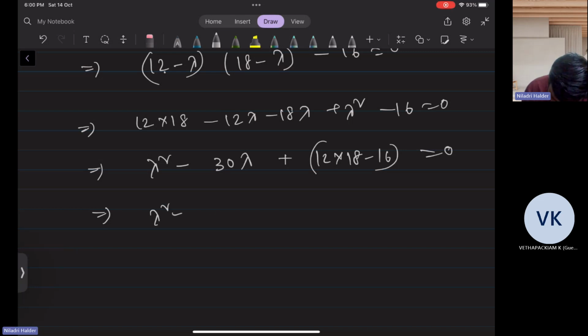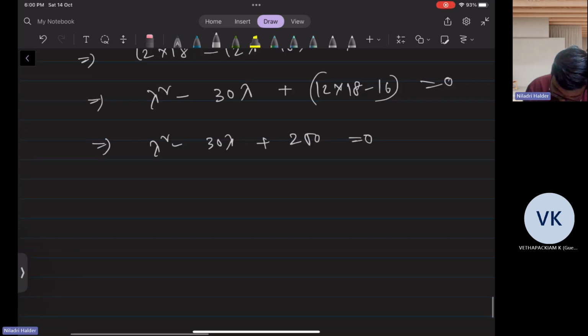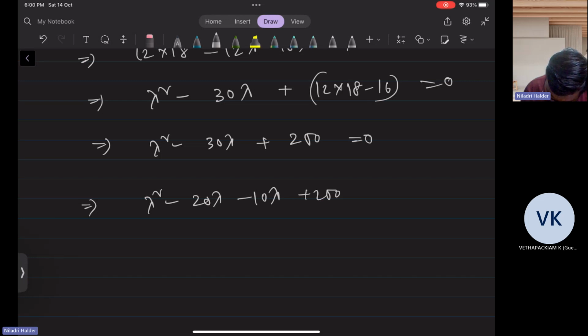So lambda square minus 30 lambda plus 200 is equal to 0. We can write lambda square minus 20 lambda minus 10 lambda plus 200.